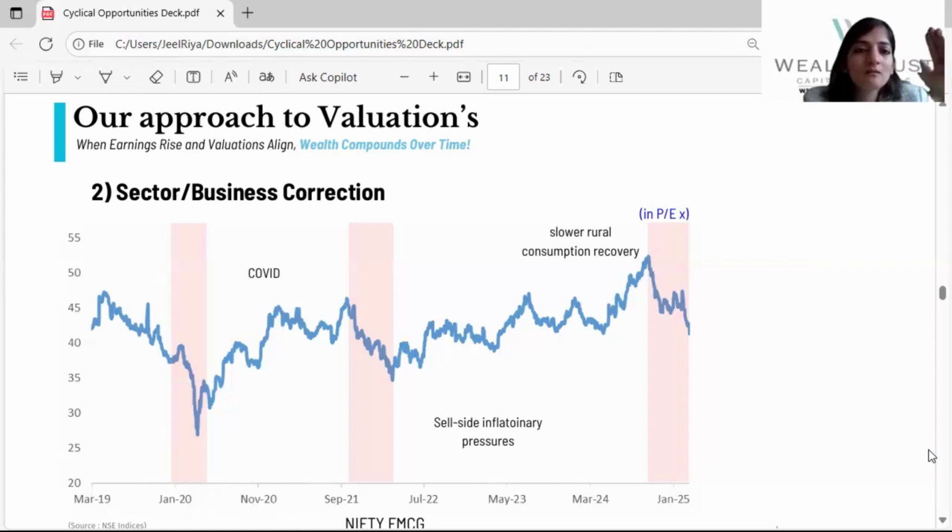The cycle decides whether a sector has actual demand and is moving up, or has really hit rock bottom, and we expect the numbers to start showing up well from the next quarters.